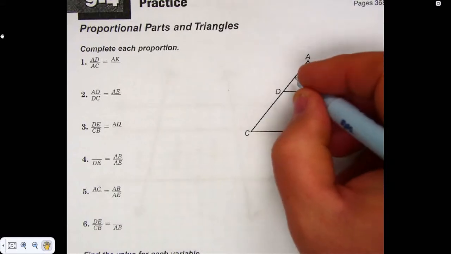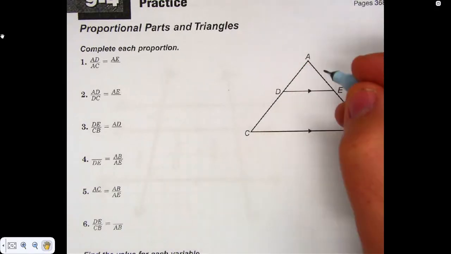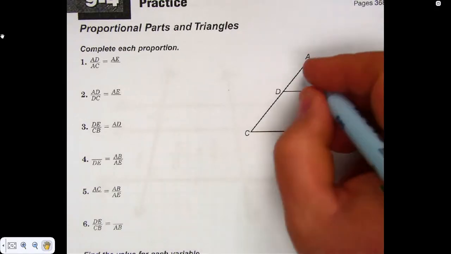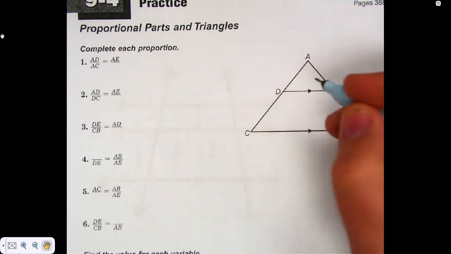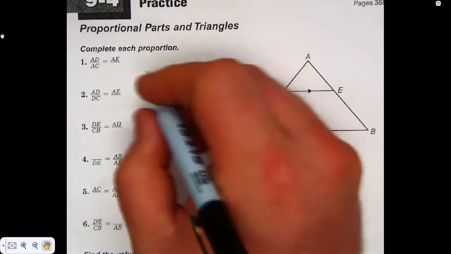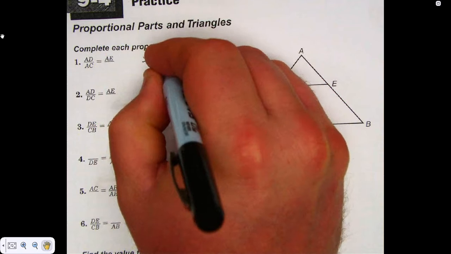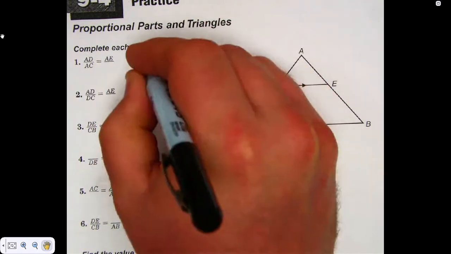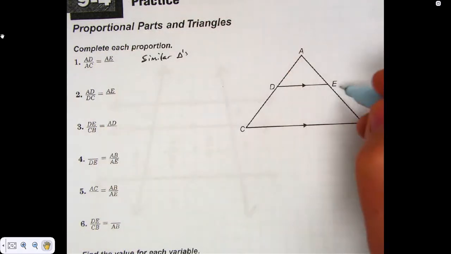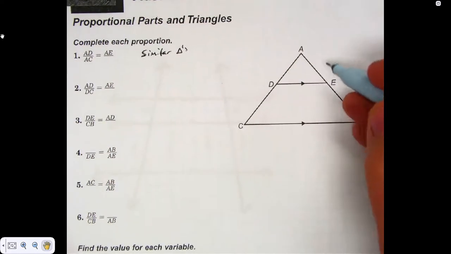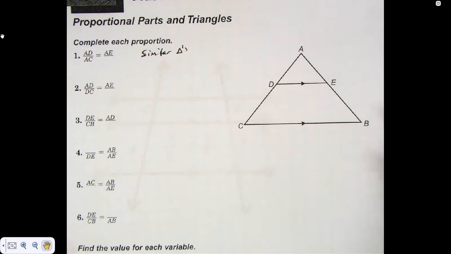Do I have proportional parts or 2 proportional triangles? In this case, I'm talking about similar triangles. So AE, what's the corresponding part to AE? AB. AB, correct.